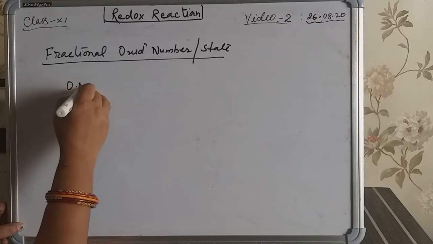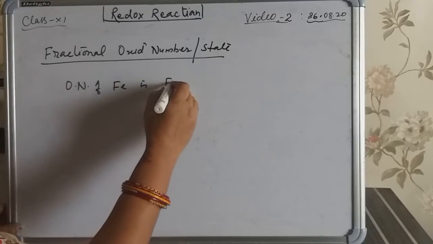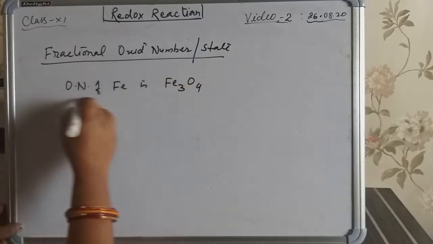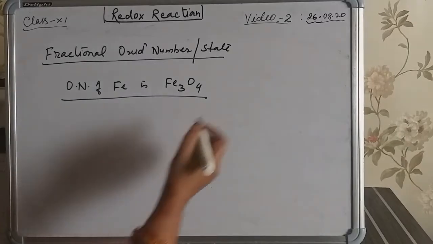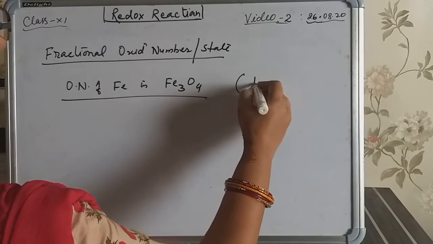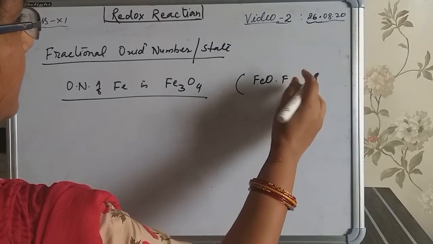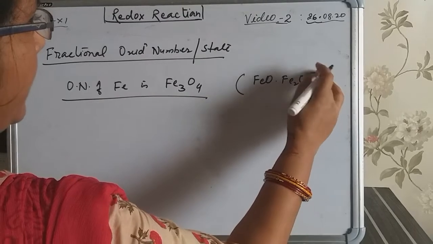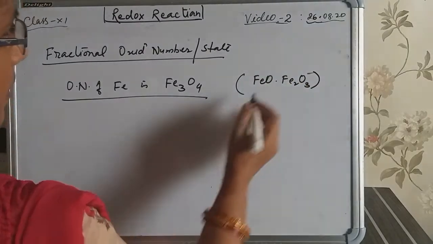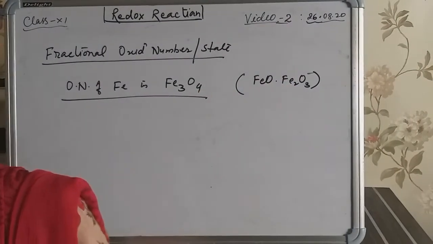To find the oxidation number of Fe in Fe3O4, how can we find it? Because we know that Fe3O4 is formed from FeO and Fe2O3, ferrous oxide and ferric oxide. By combination, this is called a mixed oxide.